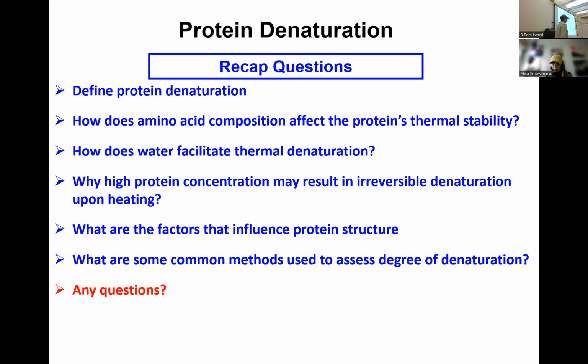I have a couple of questions. You said that excess pH adjustments can cause denaturation. What is considered excess though? Well, it depends on the protein, right? So when I say excess, I don't give you 2 hours versus 5 hours.